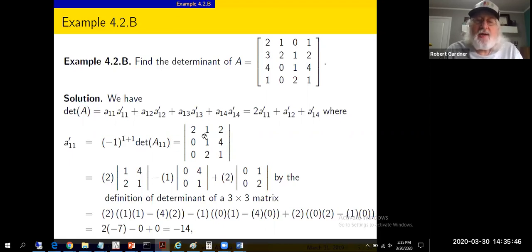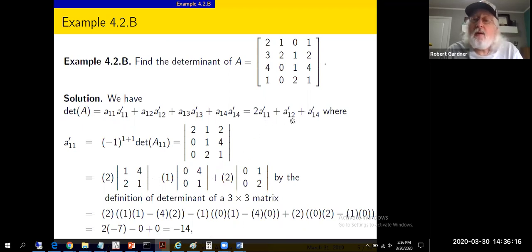Then we'll subtract 1 times the determinant of the associated minor matrix here. Then we'll add 2 times the determinant of this little minor matrix. Do the arithmetic. I won't bore you with the details. And we end up with a cofactor A11 prime of, when all the dust settles, -14. Looks like the zeros played a useful role. They simplified the arithmetic. Anyhow, A11 prime is -14.